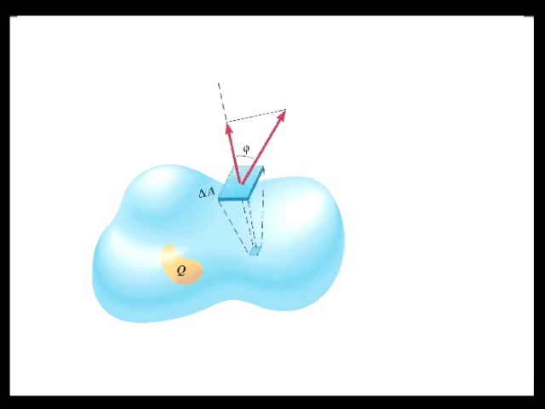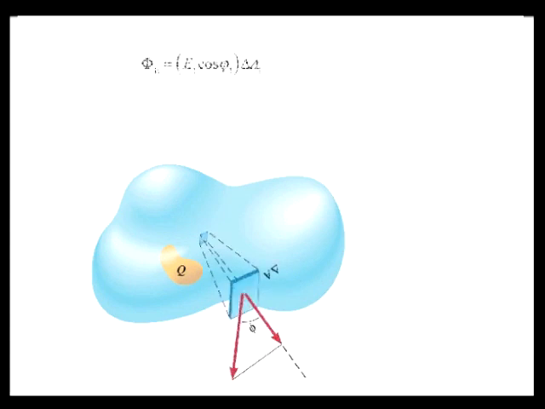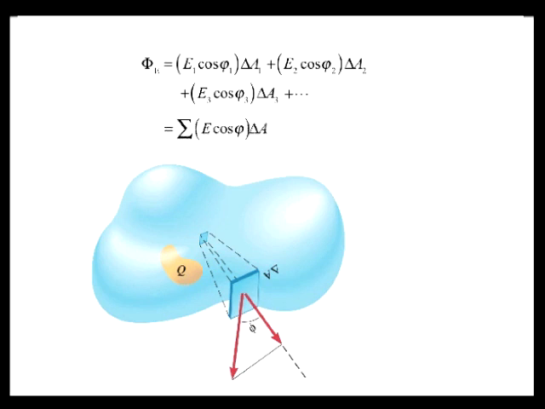The electric flux, phi E, that passes through the entire Gaussian surface is the sum of all of these individual fluxes. Or phi E equals E1 cosine phi 1 times delta A1 plus E2 cosine phi 2 times delta A2 plus E3 cosine phi 3 delta A3, and so on. And this is equal to the sum of all of the components E cosine phi delta A.